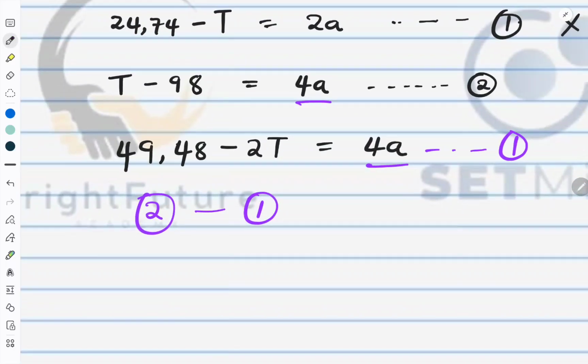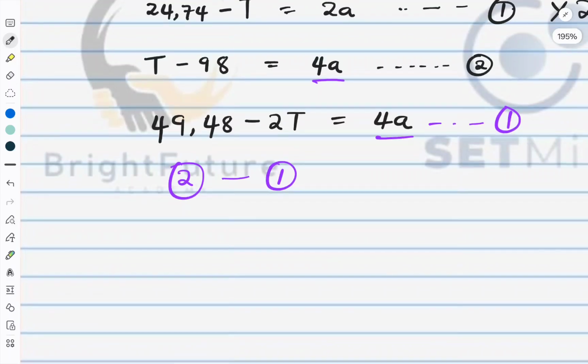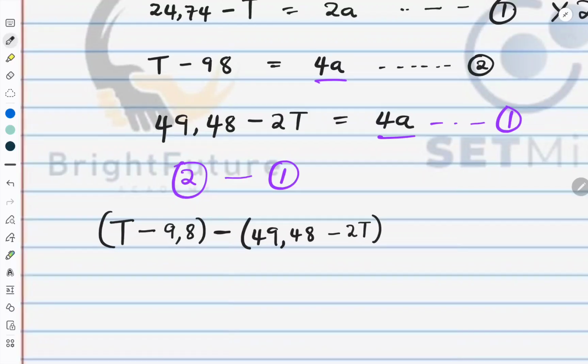So what you will get here is, let's see if it works. It will be equation 2 minus 1. So let's start with the right hand side. We will have t minus 9.8, right? Minus, because we said 2 minus 1, 49.48, okay, minus 2t.